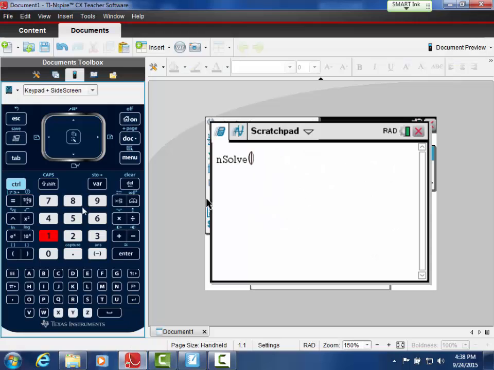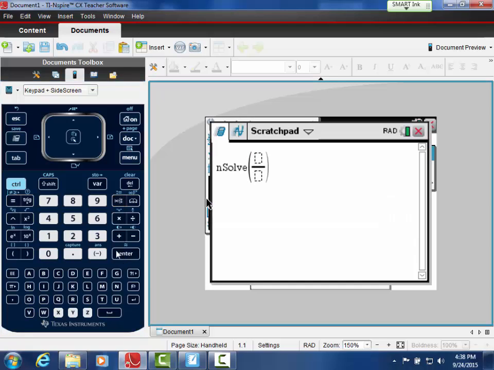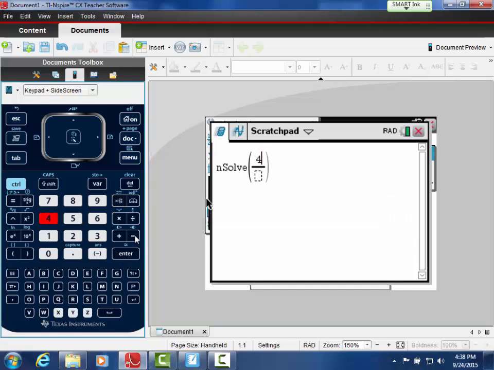So we need a fraction bar, so we're going to bring fraction up, and that's highlighted, so we just hit enter.